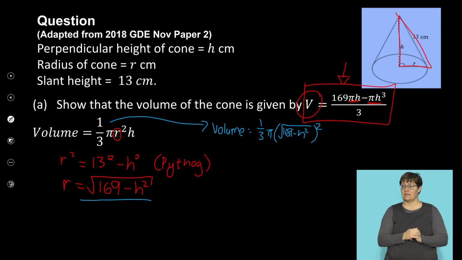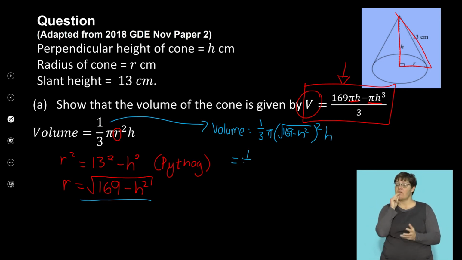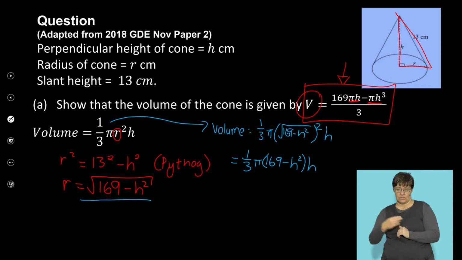This will be squared and multiplied by h. Now just a reminder, when I square something that is under a square root, it just returns to becoming its original form. So this will just be 169 minus h squared, and this is being multiplied by h.